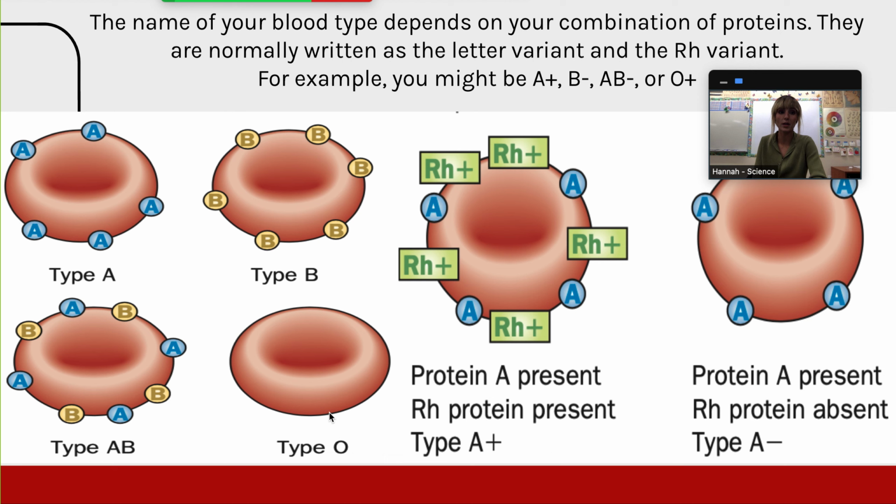After this video is done, you can watch this video here, and it'll make a lot more sense as to how we go about that process. Essentially, if the antibody reacts, that means that's the blood type. If it doesn't react, those proteins are not there, which means it's not the blood type.